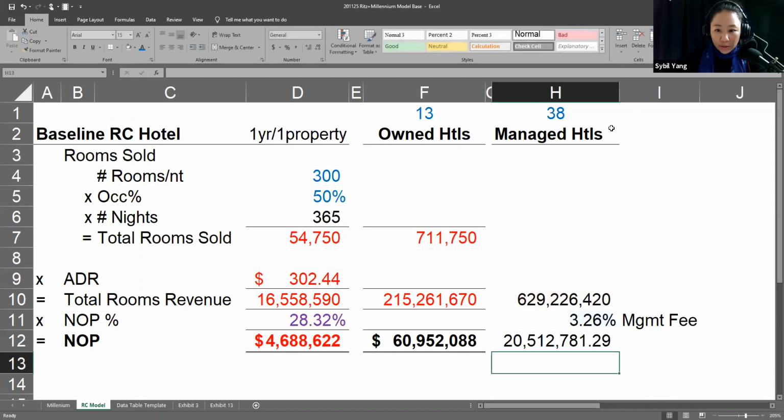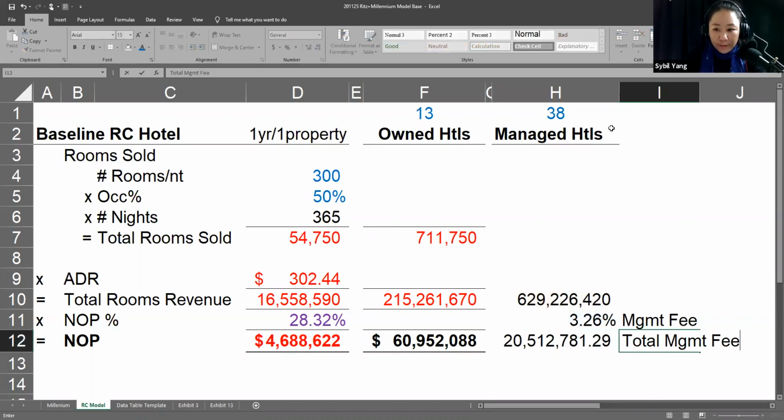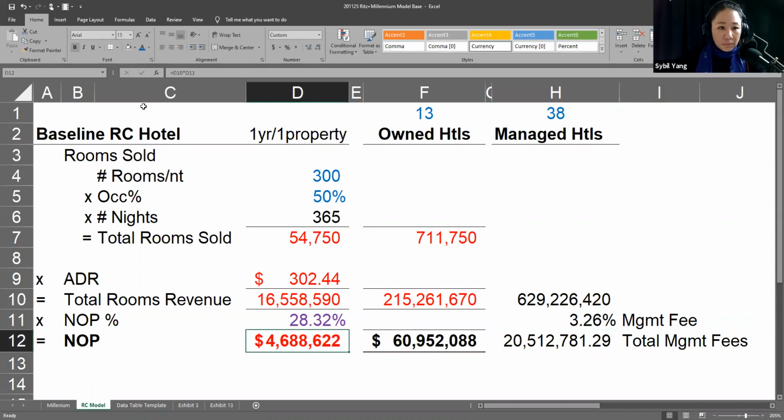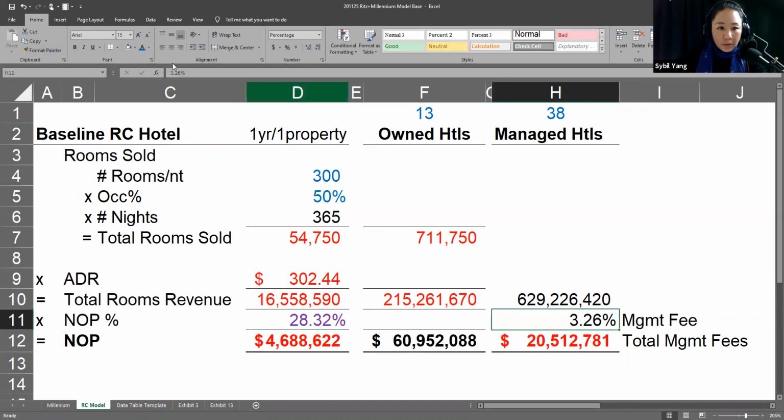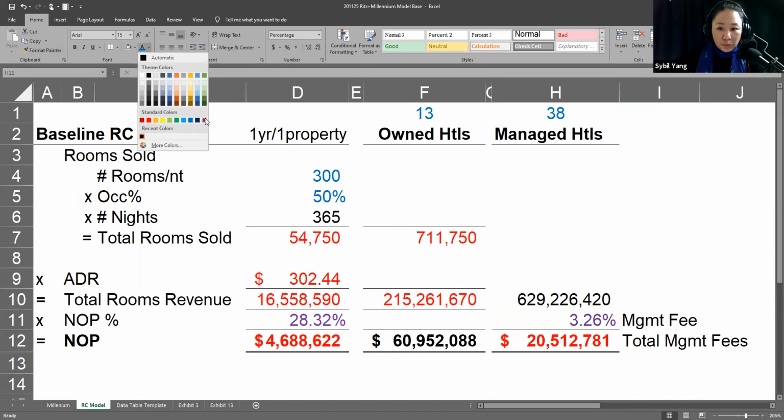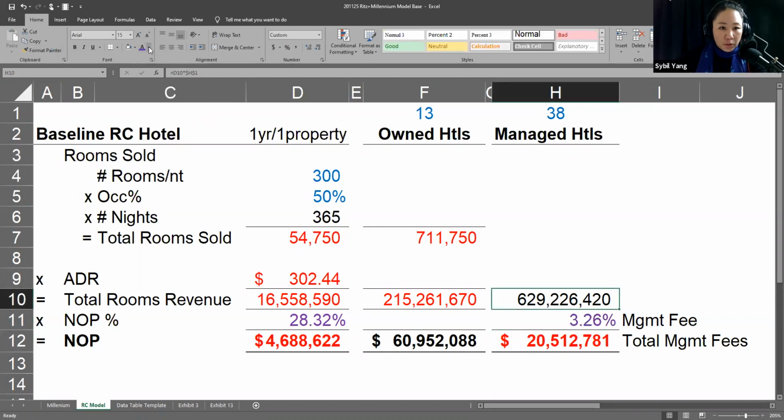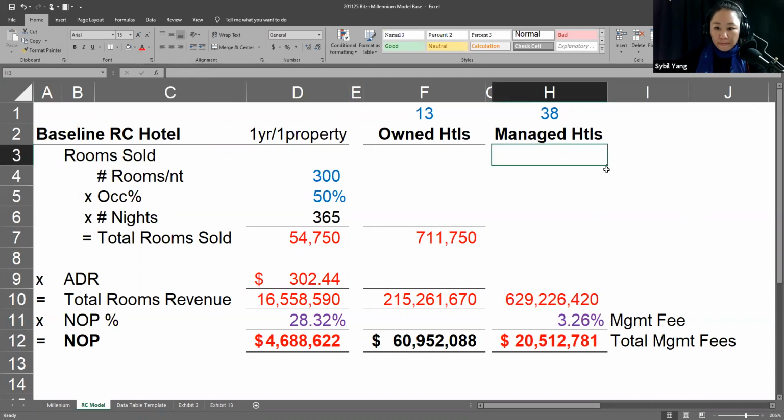So this is total management fees. And I'm going to paint the format there. Make this one purple, and make this one red. That's also going to be red.